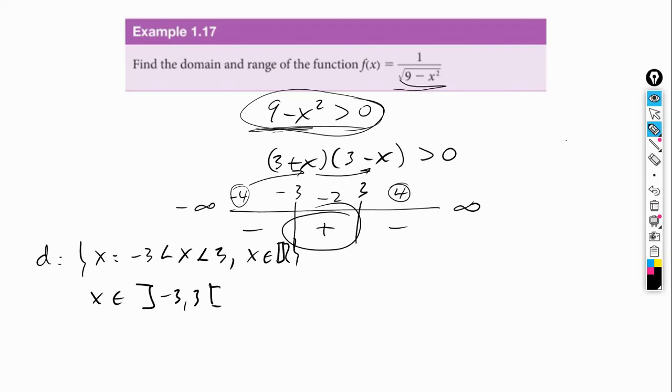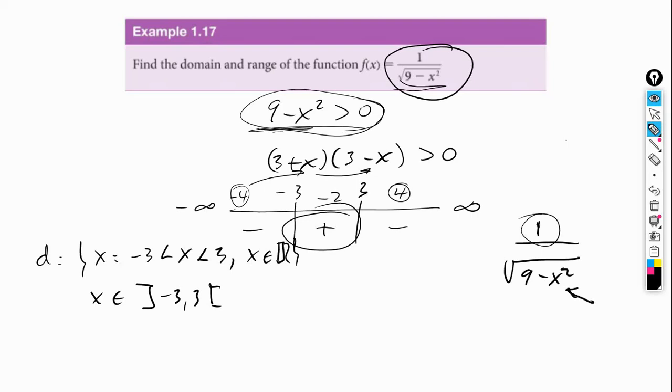So for the range, we have to think about the function itself. If we have 1 over square root of 9 minus x squared, what would be the lowest point on the graph of this function? Because this is a fraction, and you have a 1 here. When will this fraction be the smallest? Well, it'll be the smallest when the denominator is the largest.